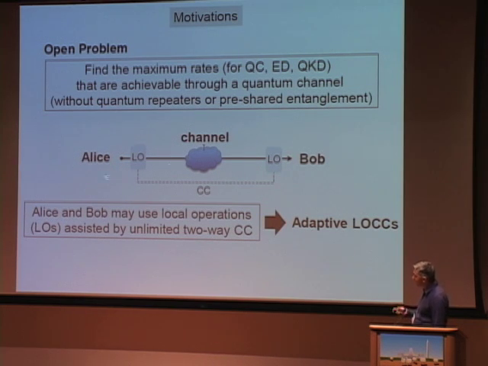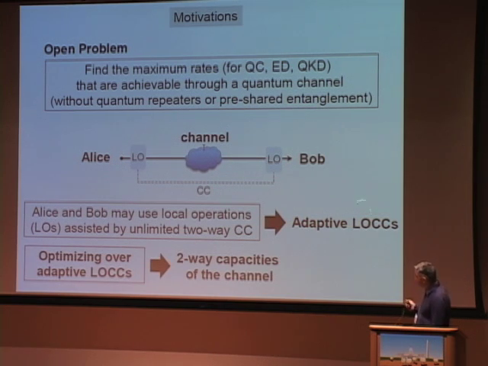So it's an iterative process that can go on at each use of the channel. This is what I mean by adaptive LOCCs, so adaptive local operations and classical communication. This is the most general classical strategy that you may think of at the ends of the channel.